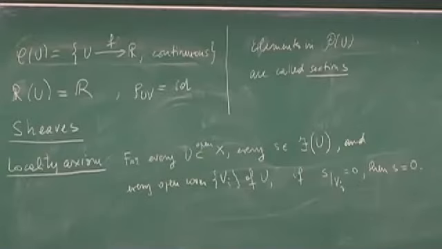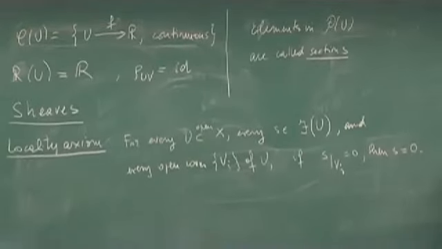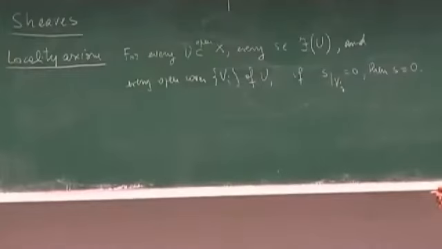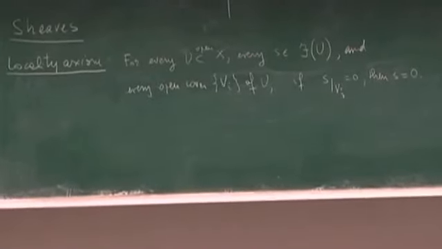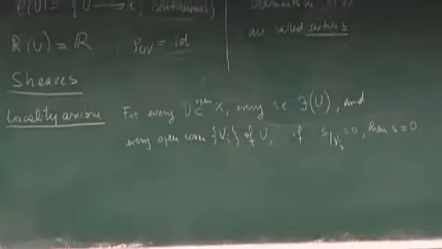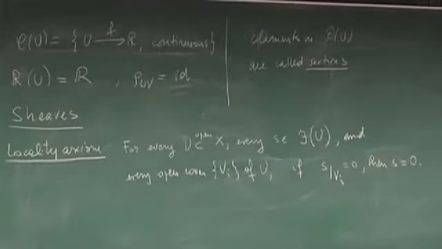So in order to check that a section is 0, it's enough to check it on the elements of some open cover. So in this sense, it's enough to check this locally. So this is the first axiom.